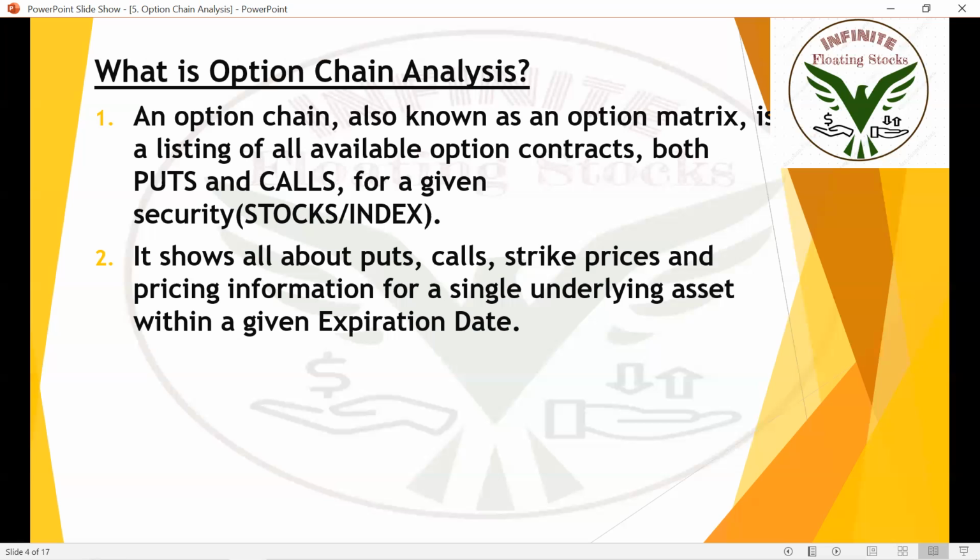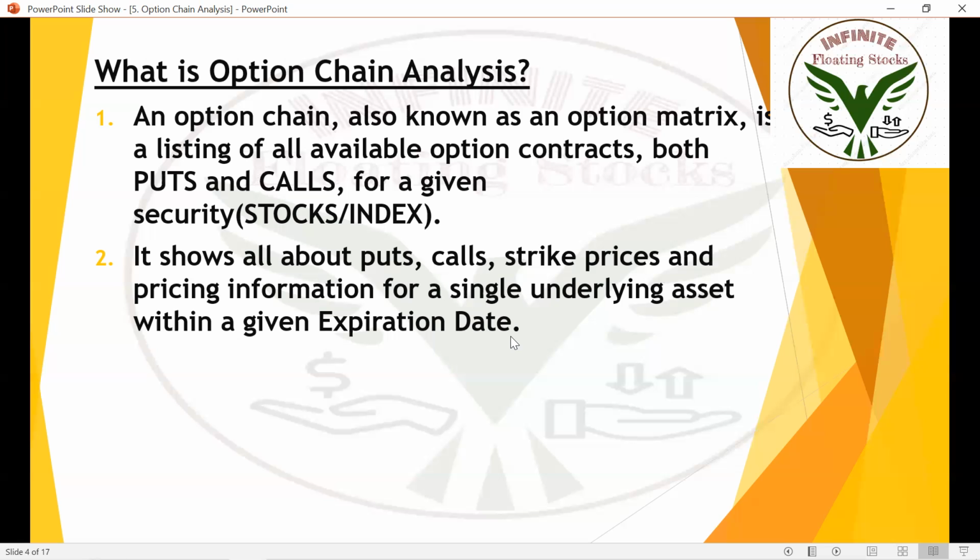So in that table, in the option matrix or option chain data, you'll be able to find all the available contracts data. The table includes puts and calls data, and it shows puts, calls, strike prices, and pricing information for a single underlying asset within a given expiration date.